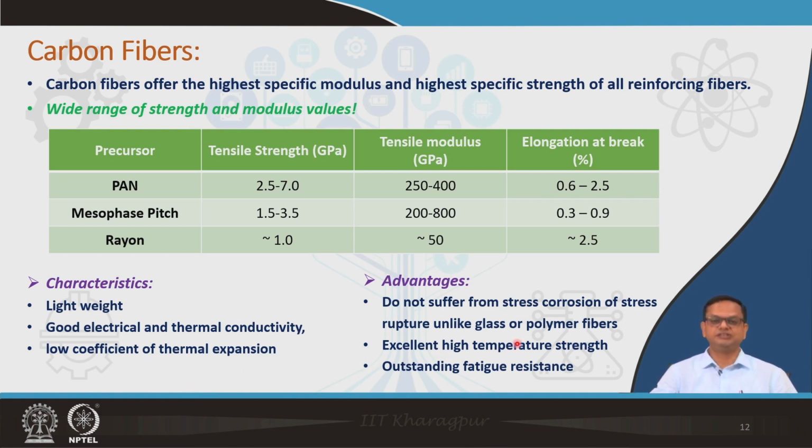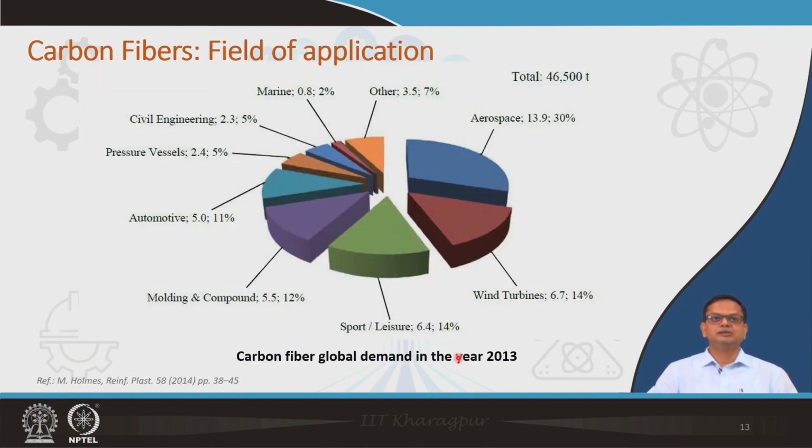Because of its atomic structure, it does not suffer from stress corrosion or stress rupture, unlike glass or polymer fibers. It has excellent high temperature strength, a very important point, and outstanding fatigue resistance. Now you can see the field of application is almost all kinds of applications, starting from civil engineering to pressure vessels, marine, automotive, turbines, sports and aerospace industries.